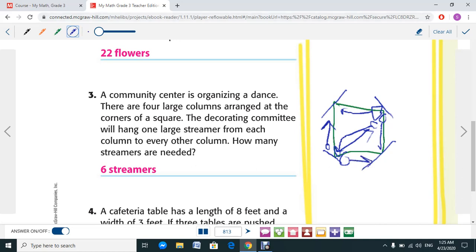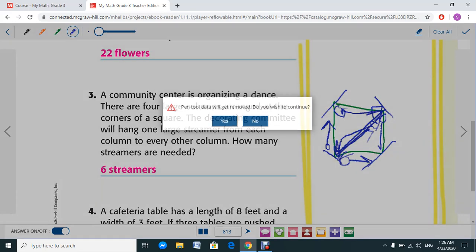So they need the air to reach all the places. Okay. So this is what will happen. They will put one streamer here for this side, one streamer here for this side, one streamer here for this side, and one streamer for this side. They will put an extra one from here to here and an extra one like this.